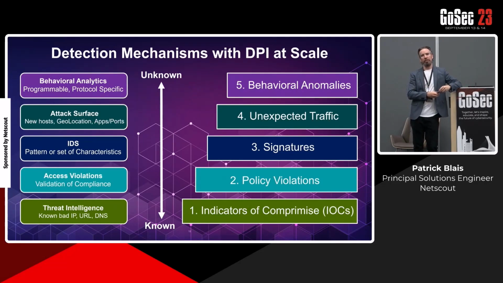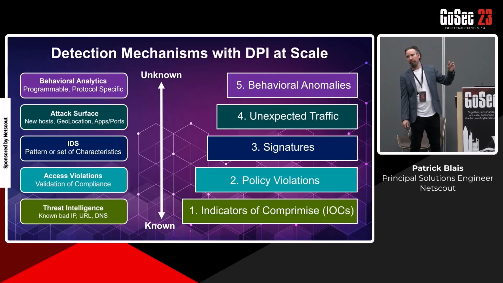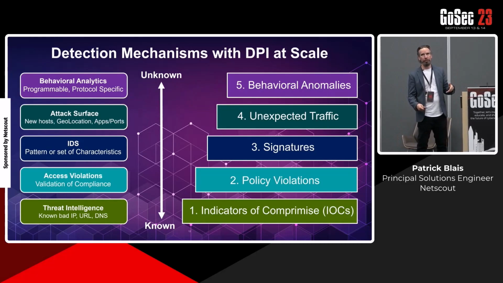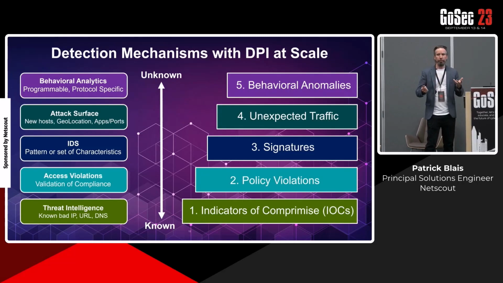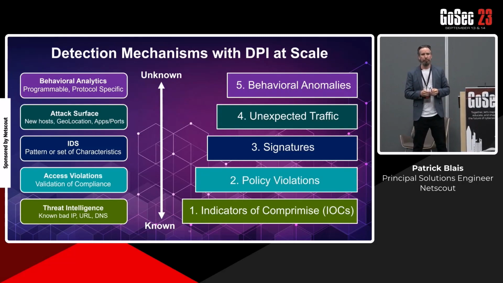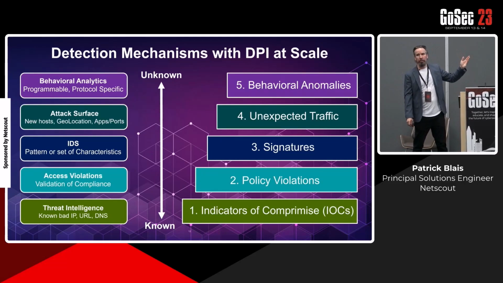And this is another beauty of adding things like DPI at scale to your ecosystems: a lot of solutions, or a lot of underlying technologies, will only be able to provide one or two of certain detection mechanisms. But with packets, you could actually go all the way up from known to unknown, even behavior anomalies.